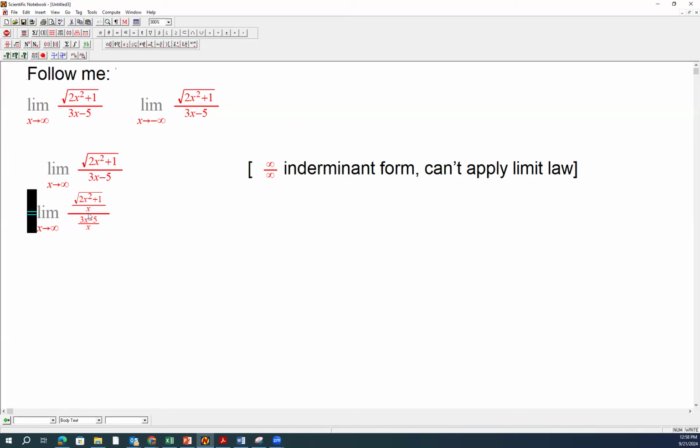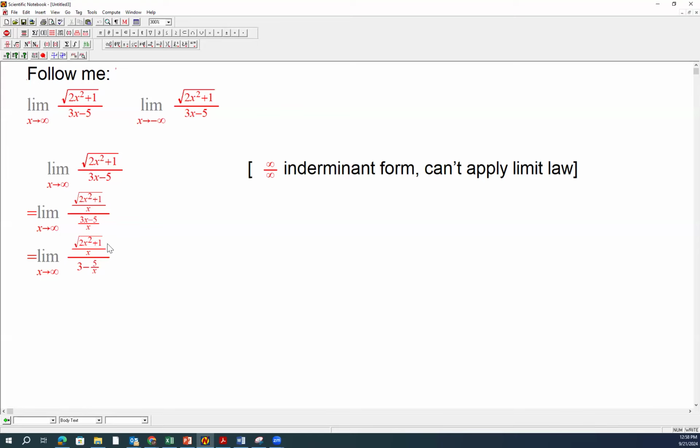The denominator is pretty straightforward, because I'm just taking x dividing into 3x, so I'm getting 3 minus 5 over x, and each has a limit as x approaches infinity.